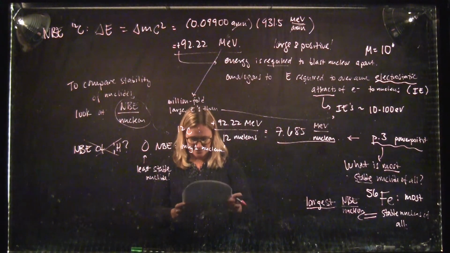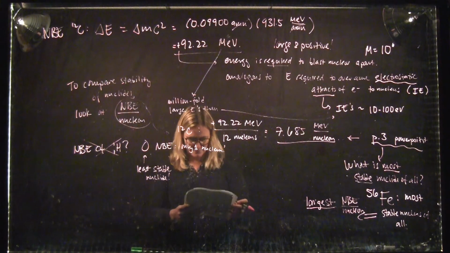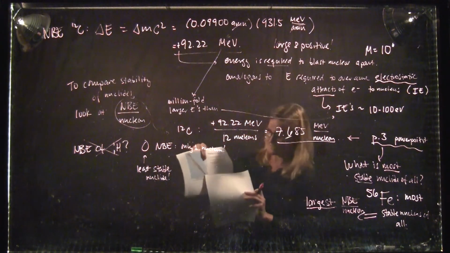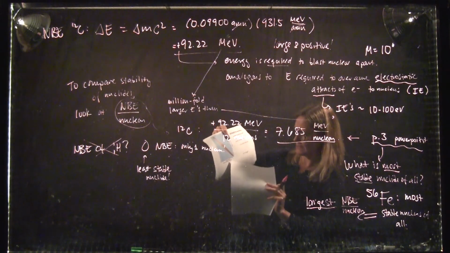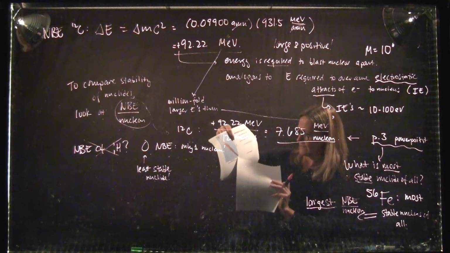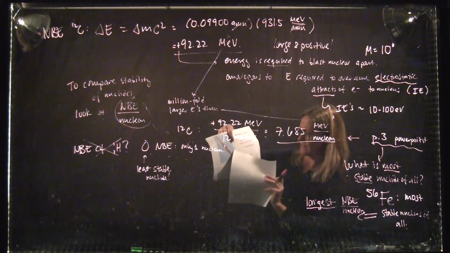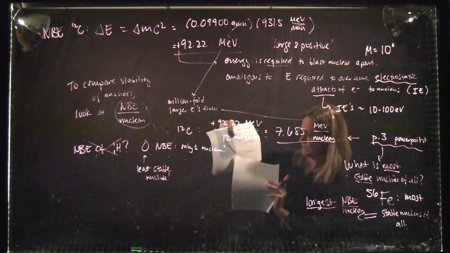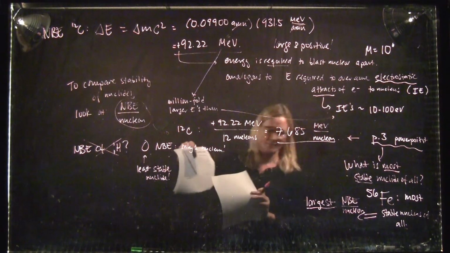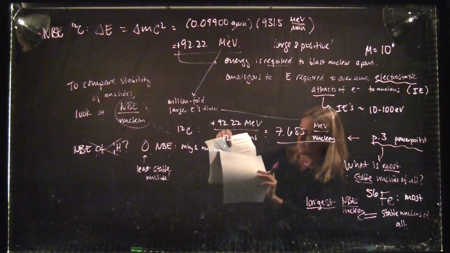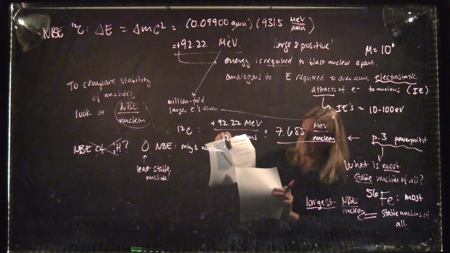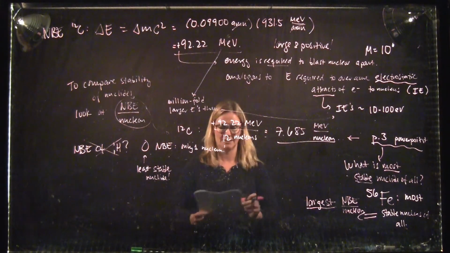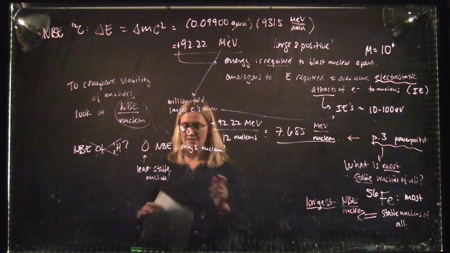Okay, so if we return to that belt of stability and look again now at what we've got here, we can see our iron nuclide. Well, we'd have to figure out what the number of protons is for iron and look it up on here. So that's the most stable. And then we can see that as we go to higher and higher masses, we're diverging in the direction of more neutrons relative to protons.